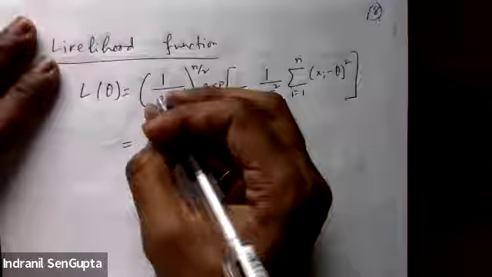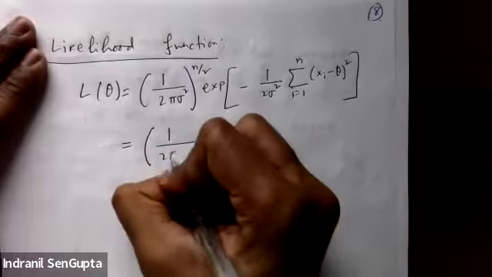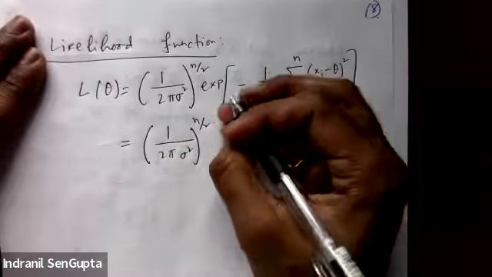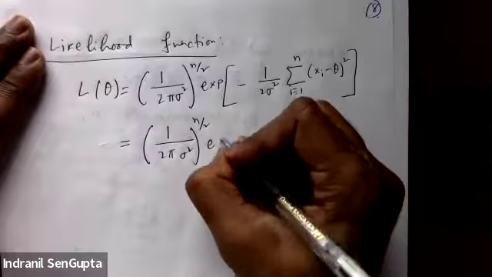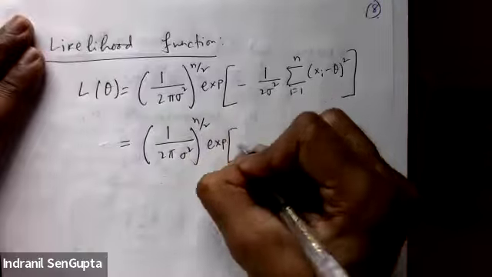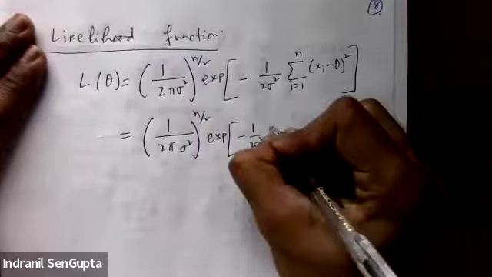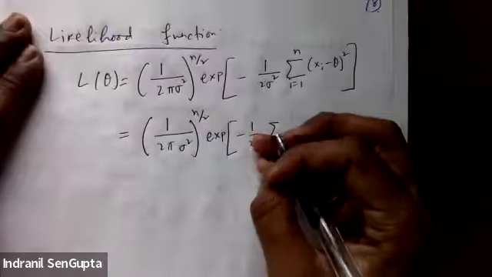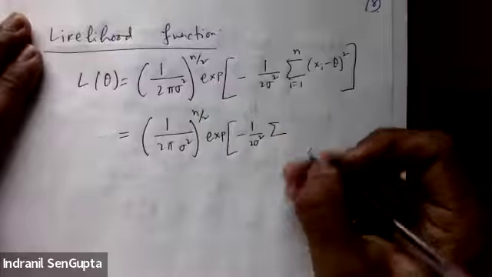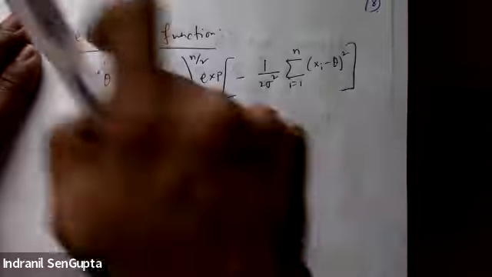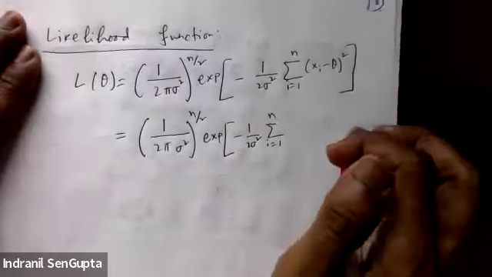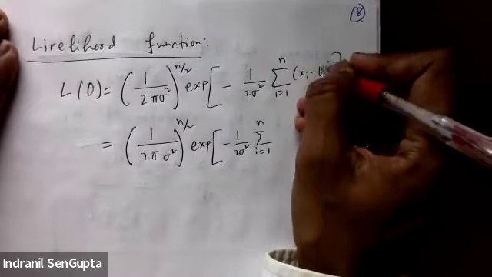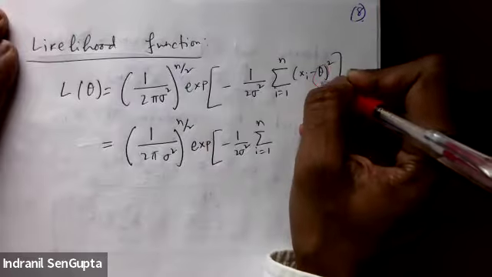which can further be written as 1 over 2 pi sigma squared to the n over 2, e to the power of, let's first write 1 over 2 sigma squared summation i from 1 to n. Remember that for the normal distribution, the maximum likelihood estimator for theta is x bar.